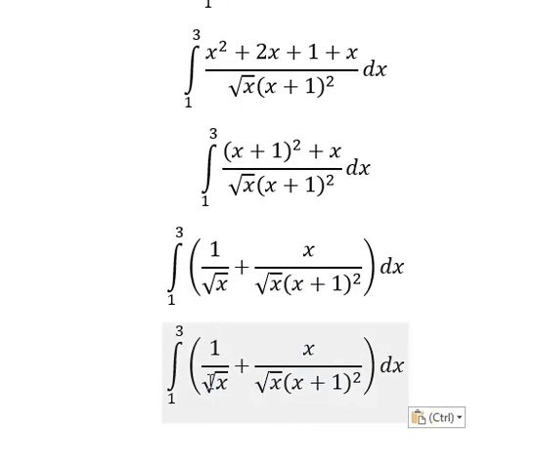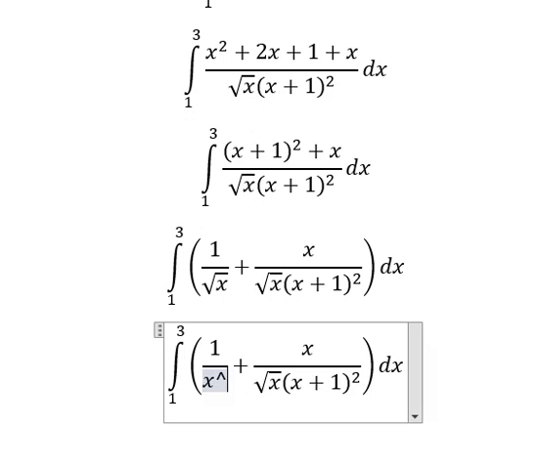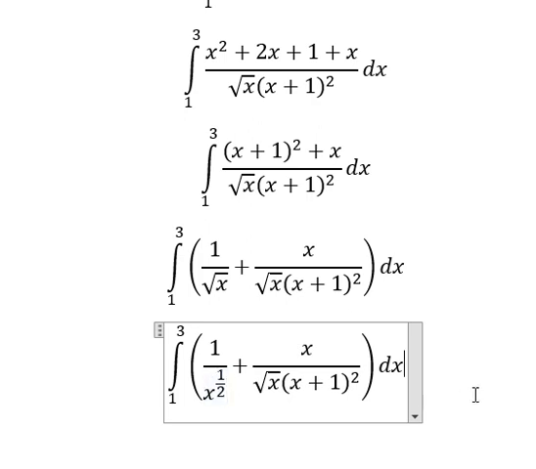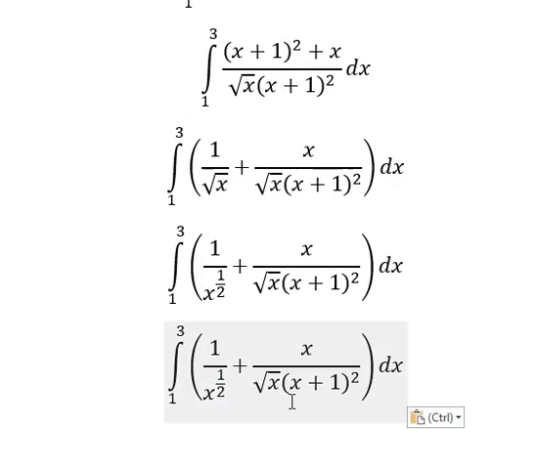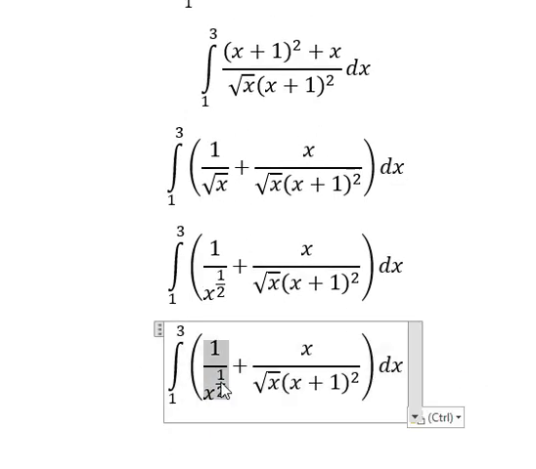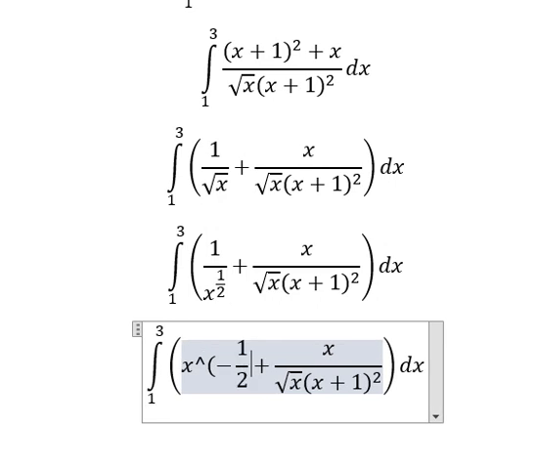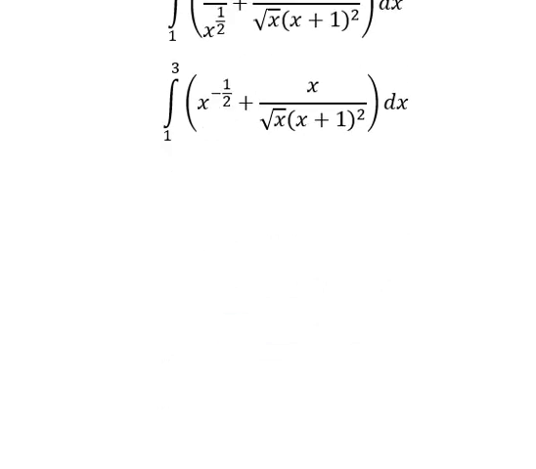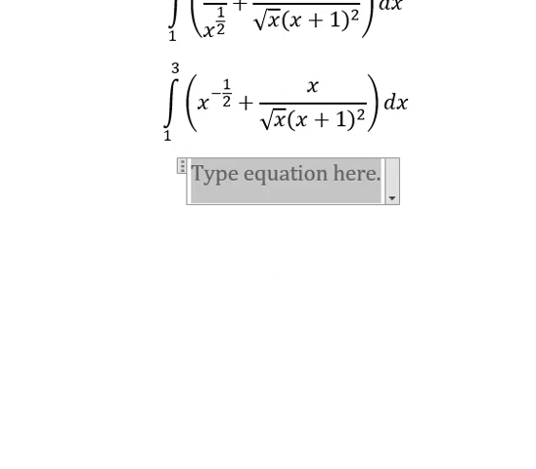So the square root of x, that is about x to the power of 1 over 2. So this one, if we want to put this one go to numerator, so we have x to the power of negative 1 over 2. And now we have the formula in here.